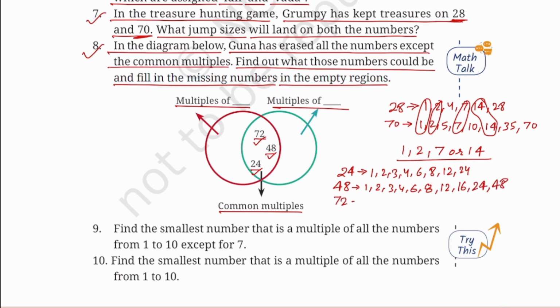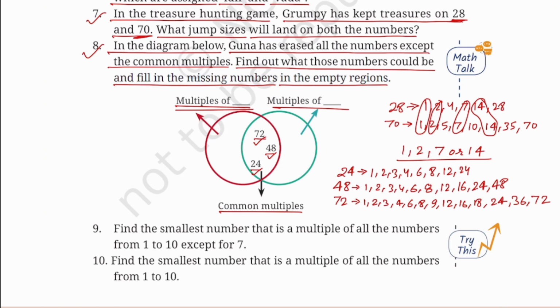Factors of 72: 1, 2, 3, 4, 6, 8, 9, 12, 16, 18, 24, 36 and 72. You can take any number from the factors of 24 for the first circle.